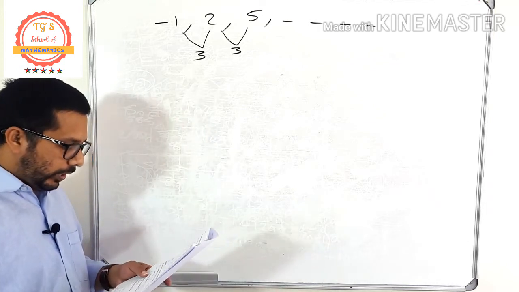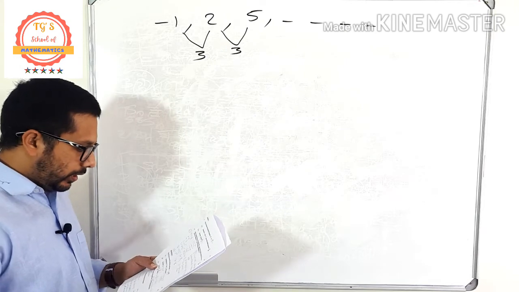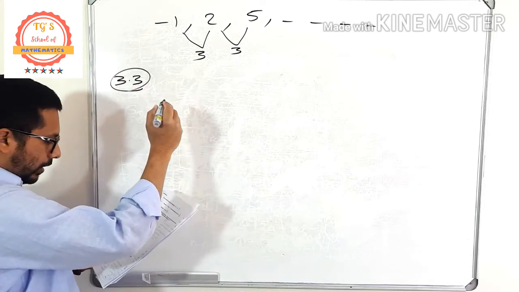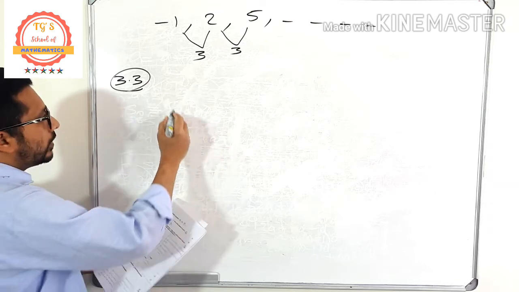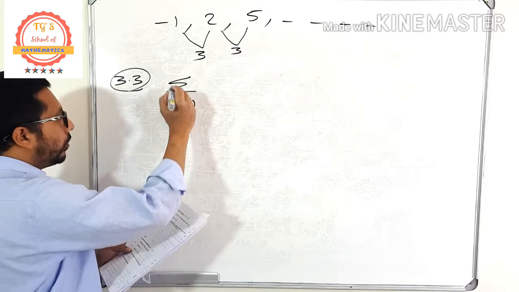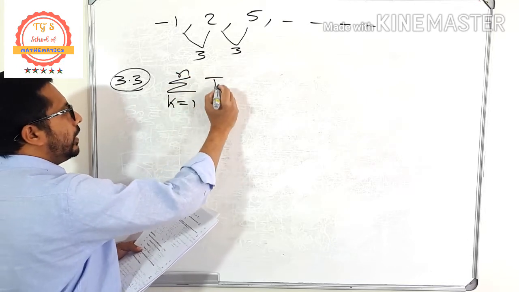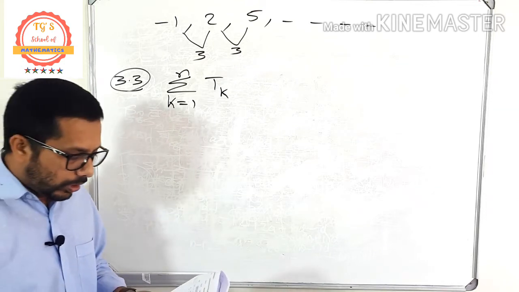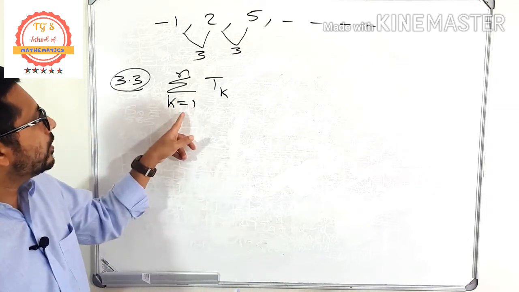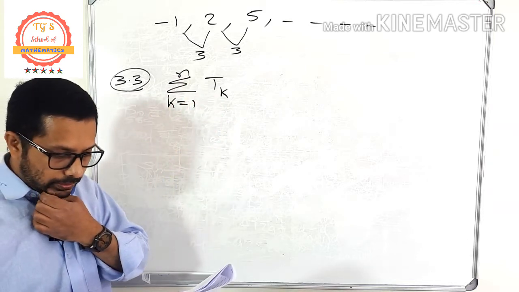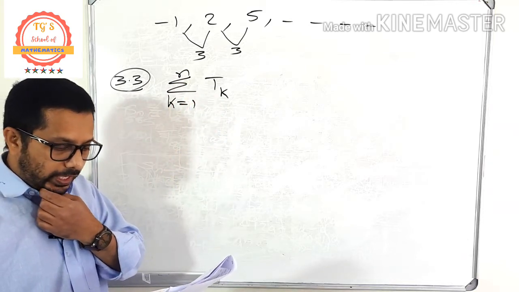Question number 3.3. Evaluate sigma k equals 1 to n of tk in terms of n. You have to find sigma k equals 1 to n of tk in terms of n.